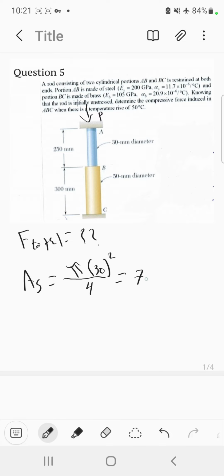So I'm gonna get 706.5 millimeter square.